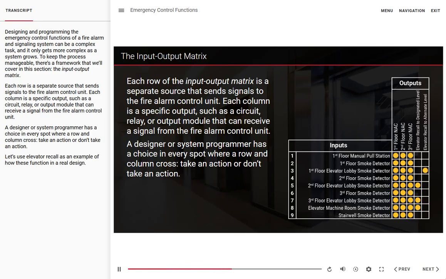Each column is a specific output, such as a circuit, relay, or output module that can receive a signal from the fire alarm control unit. A designer or system programmer has a choice in every spot where a row and column cross. Take an action, or don't take an action. Let's use elevator recall as an example of how these function in a real design.